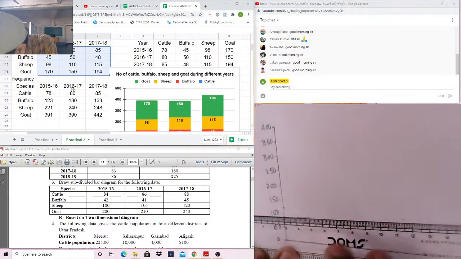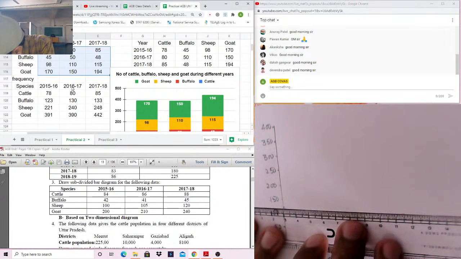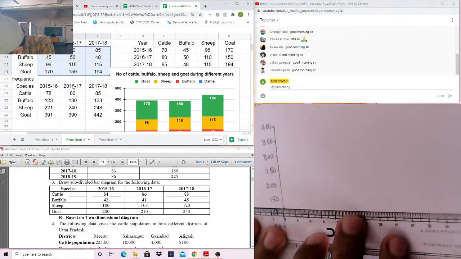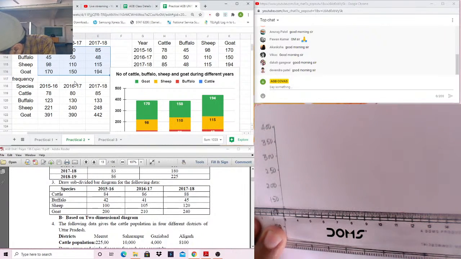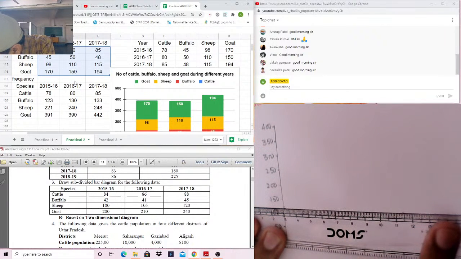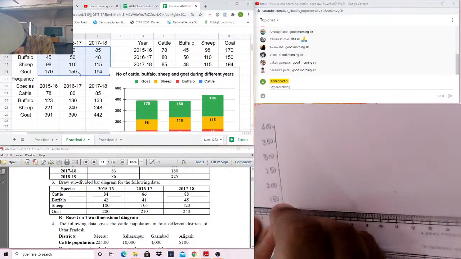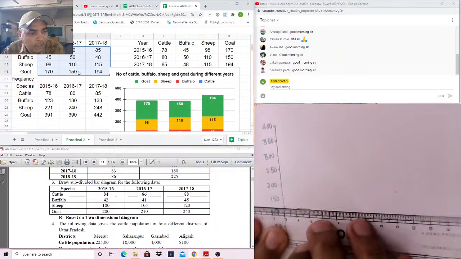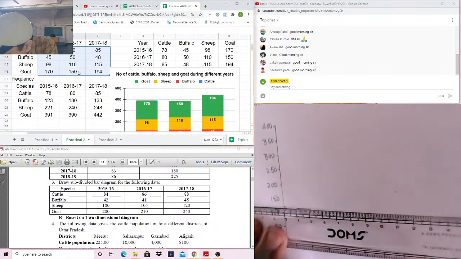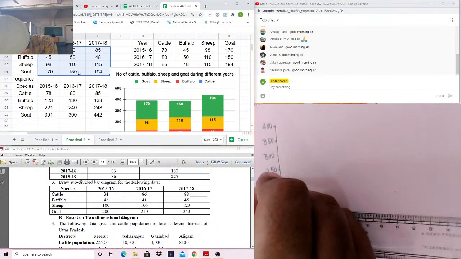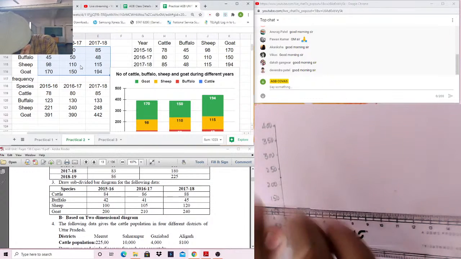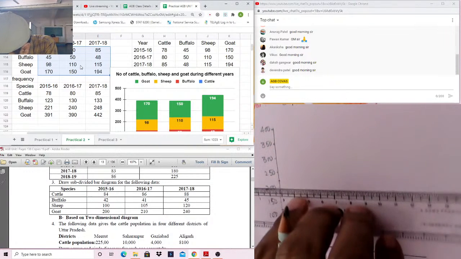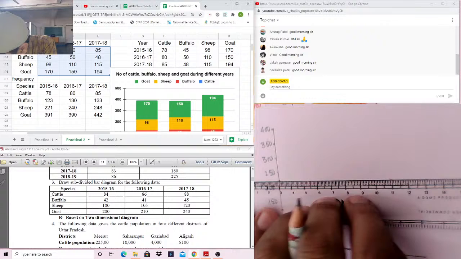So 123 will be somewhere near 125, so below this. So next your mark will be at 123. Then comes your 221. So it will again be somewhere here. Okay.